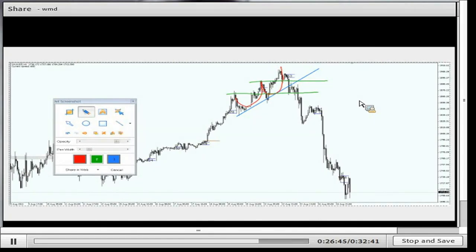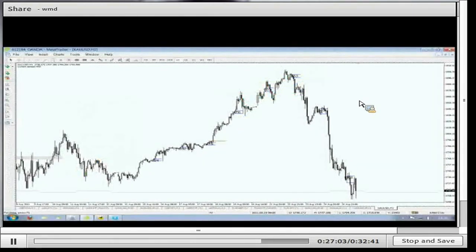Here we go. You can see we had a sharp drop followed by the price channeling back to the origin of that move, and that would act as resistance. So it's a trick. It gets you into a trade, and it's a very common structure. You'll see it happen over and over again.